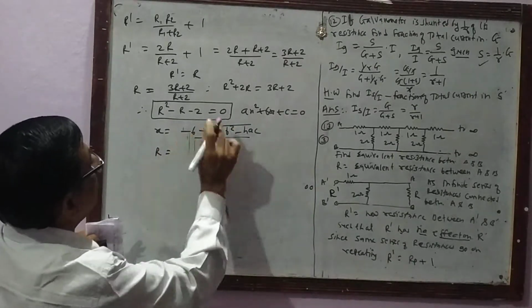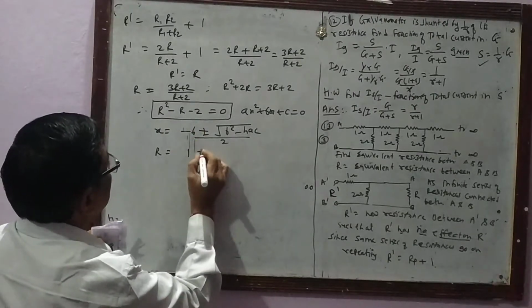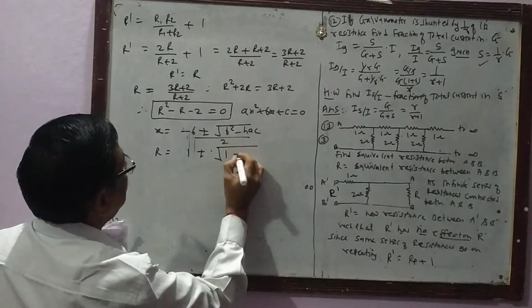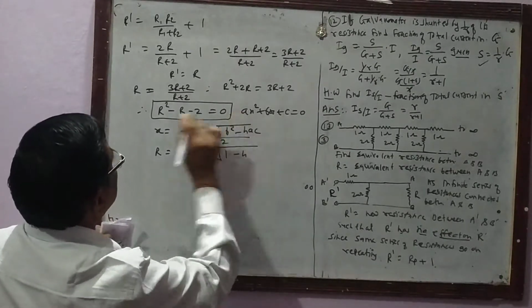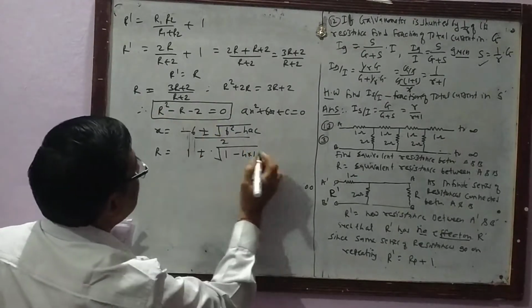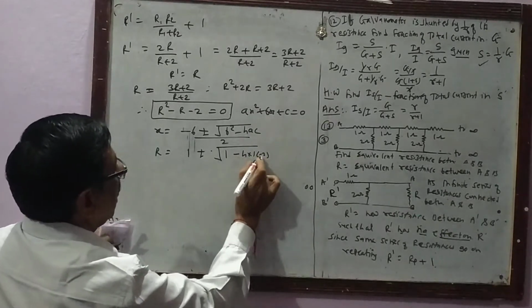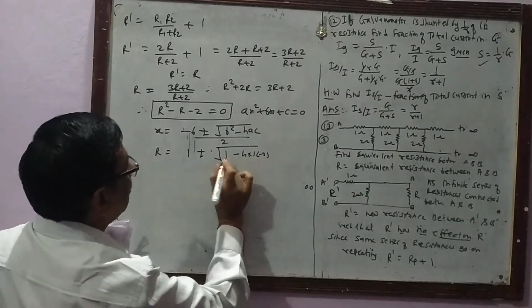Putting the values here, x is r, and minus b means minus of minus 1, which becomes plus 1, plus or minus under root of minus 1 square is 1, minus 4 times a is 1 and c is minus 2, so minus times minus is plus, 4 times 2 is 8, plus 1 is 9.